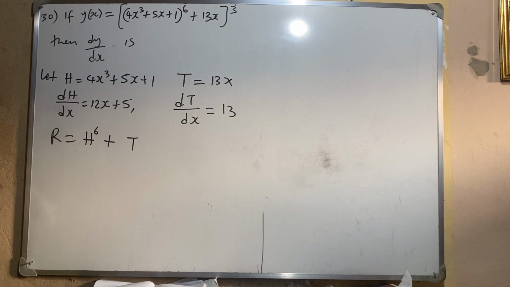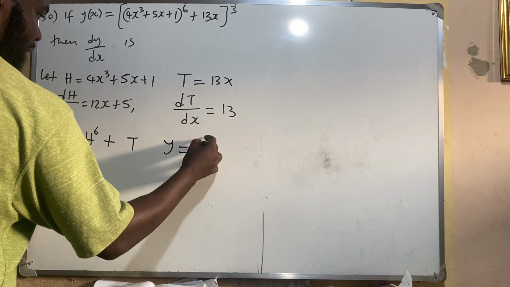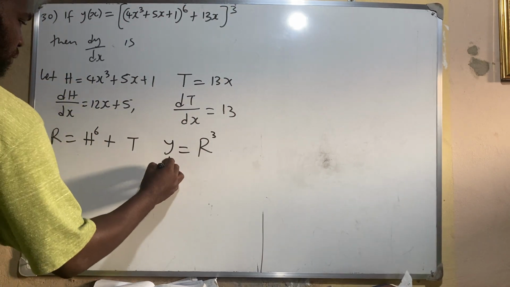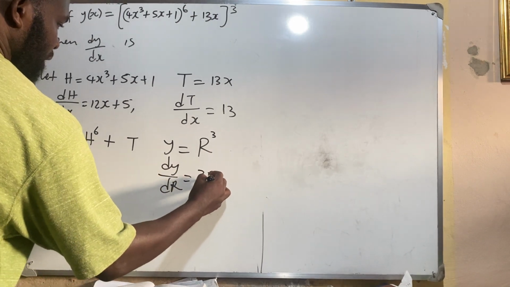So what do we have? My y now will be what? That's r now, which is everything here raised to power 3. Okay, these two will give you dy dr, which is 3r squared.